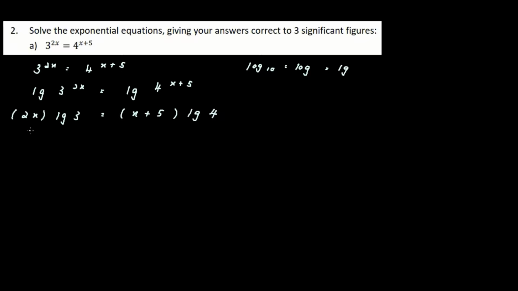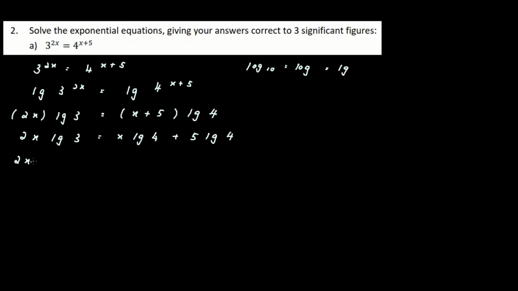So 2x log 3. Then for this part, you will have x log 4 plus 5 log 4. Okay, so now you can try to group the terms that have the same coefficient together. So 2x and x here, right? So I'll try to do factorization.